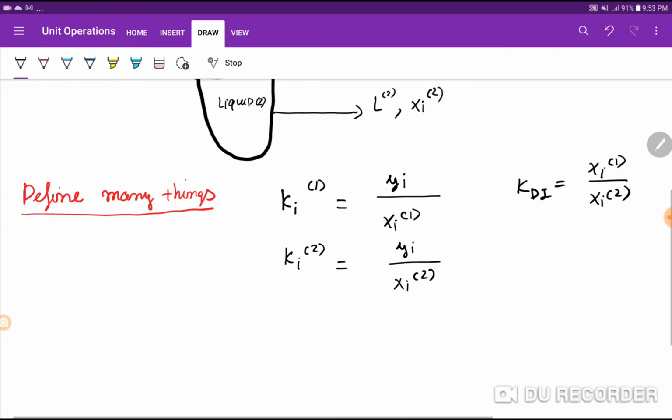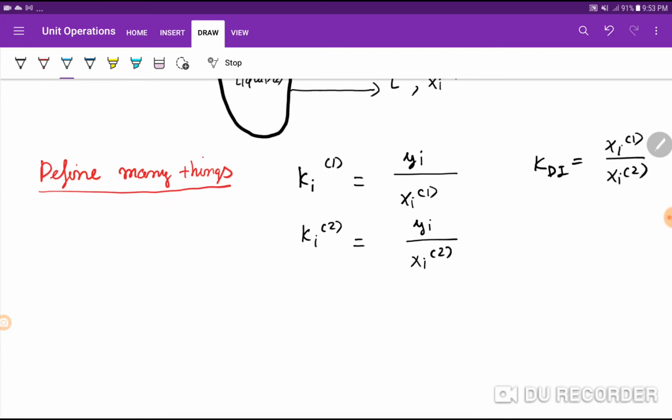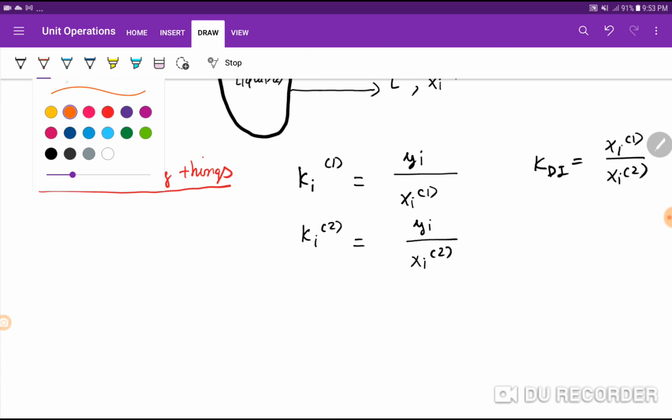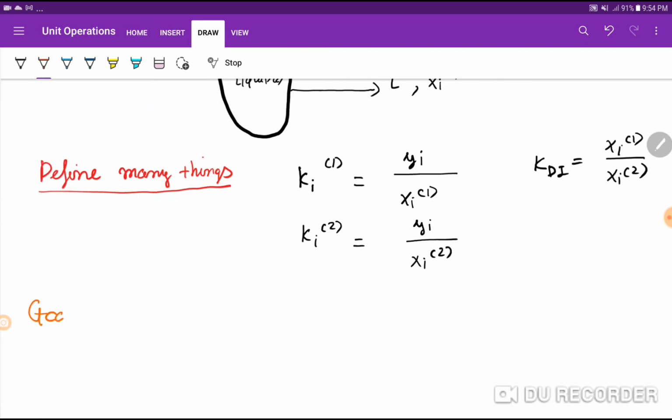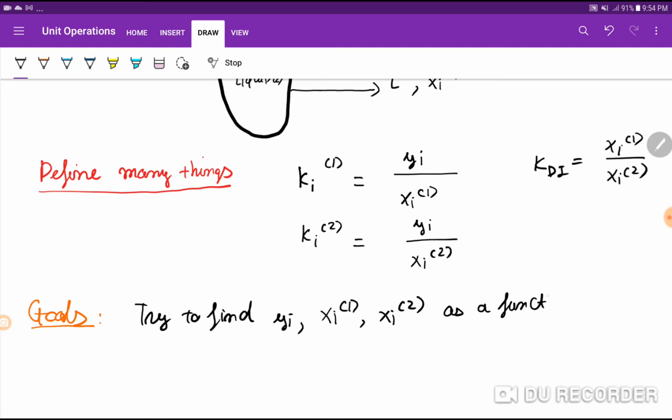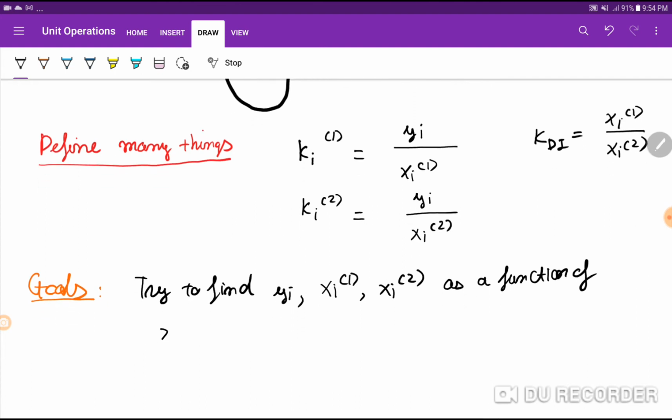So what I'm gonna do right here is let me switch pen. I'm gonna try to find Yi, Xi1, Xi2 as a function of Zi, Ki1, Ki2, KDi.